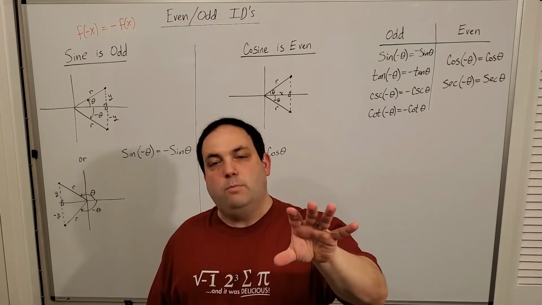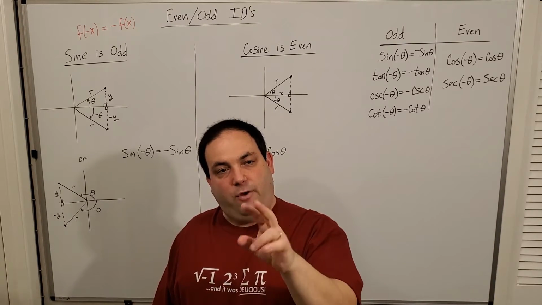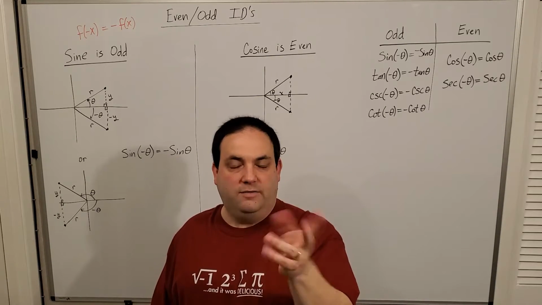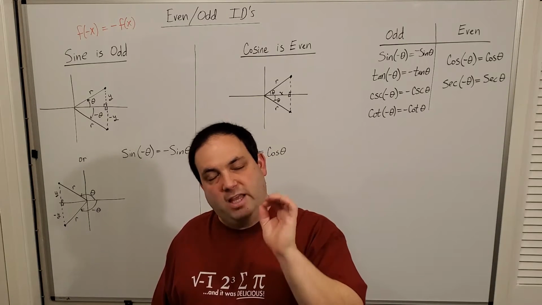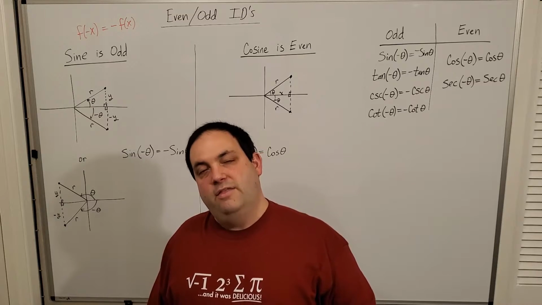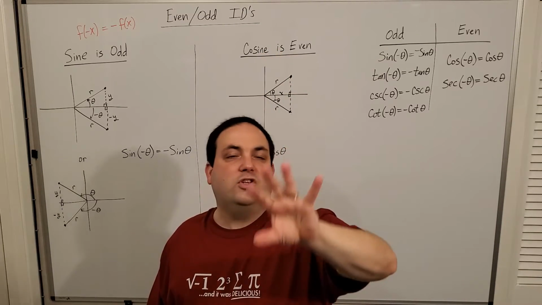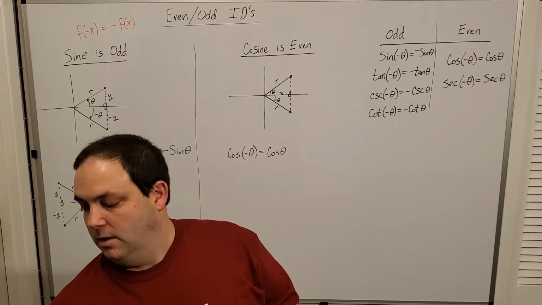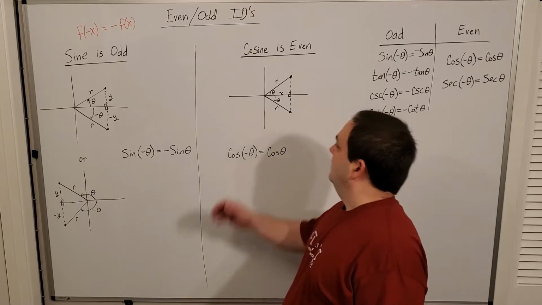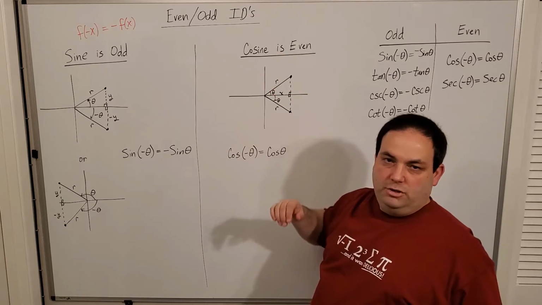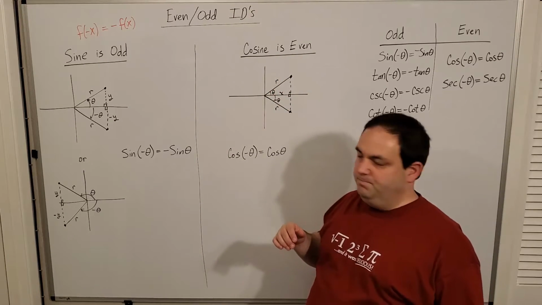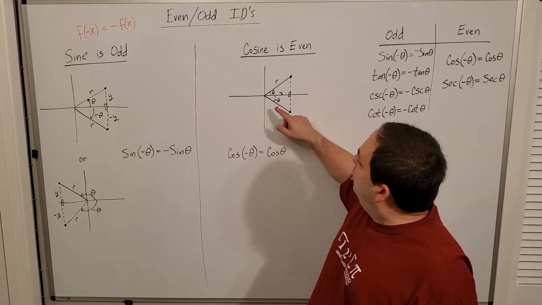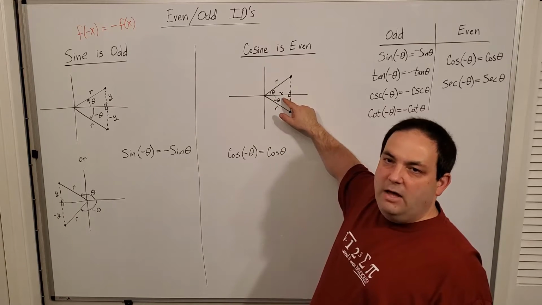If you take any input and change it from positive to negative or negative to positive, either way, if you change the sign, then the answer will also change sign. Now cosine, on the other hand, is an even function. Cosine's an even function because cosine is based off of the x value.